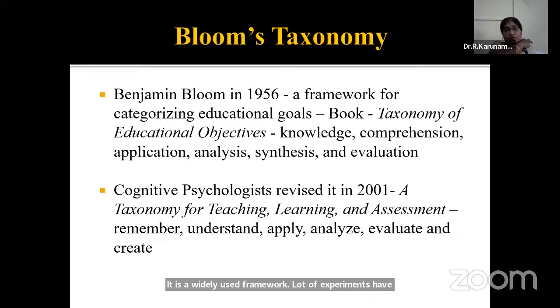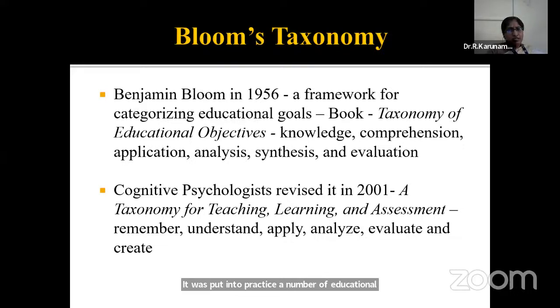Actually, it was introduced by Benjamin Bloom in the year 1956, along with 4 collaborators. He introduced a framework for categorizing educational goals in the book called The Taxonomy of Educational Objectives. It was put into practice, and a number of educational institutions were practicing it.